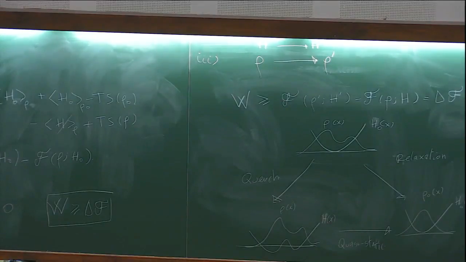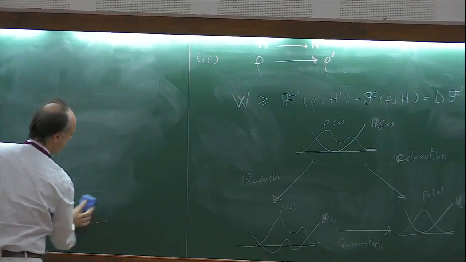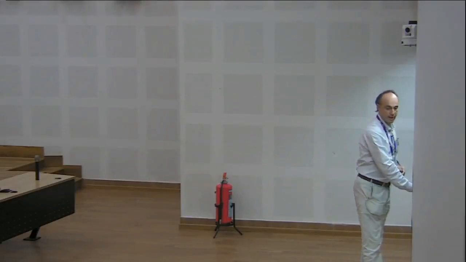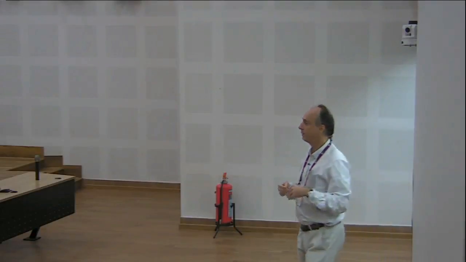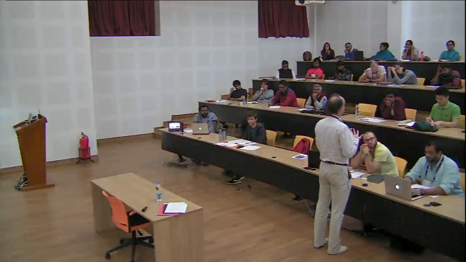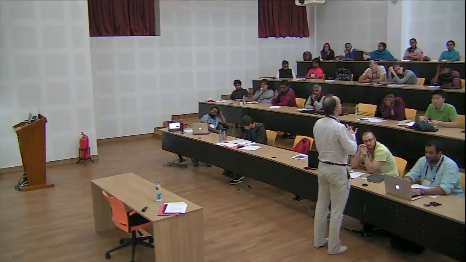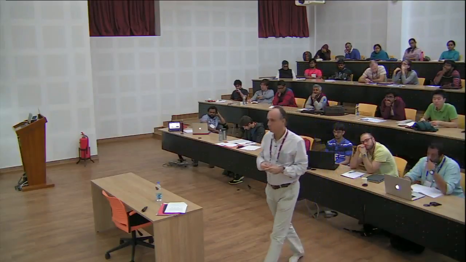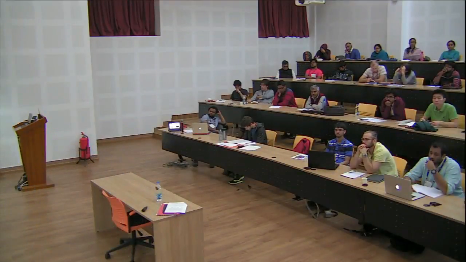As I said, I agree with this criticism of the non-equilibrium free energy, except if I have systems which are in non-equilibrium states, but stable or metastable, or if you like, with some relaxation time which is very large. And when do we have this type of thing? The example is a system with a big barrier. Suppose that this is my potential or my Hamiltonian, and this is a big barrier, much bigger than kT.